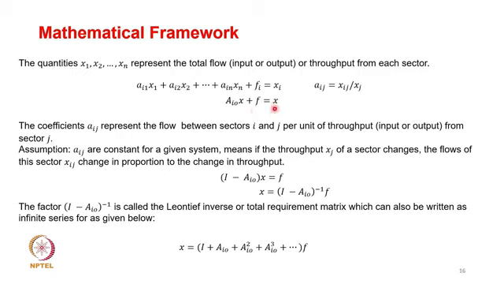So if you take A x to this side, I minus A times x equals f, so x would be (I minus A) inverse times f.